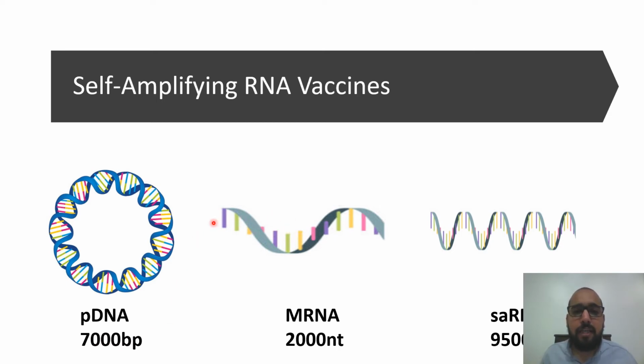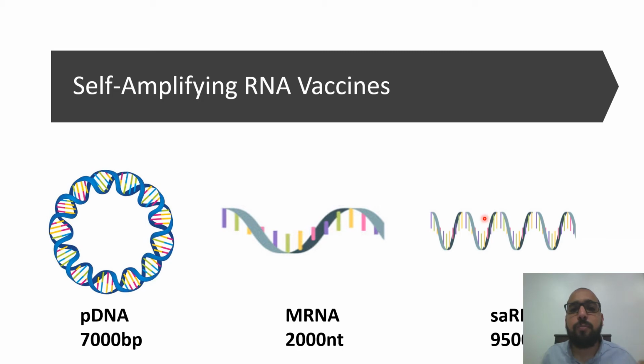Messenger RNA is a single-stranded linear construct, and our typical construct is around 2,000 nucleotides, whereas self-amplifying RNA is much larger, similar in structure, single-stranded and linear like messenger RNA, but usually around 9,500 nucleotides. So it's a much bigger molecule.